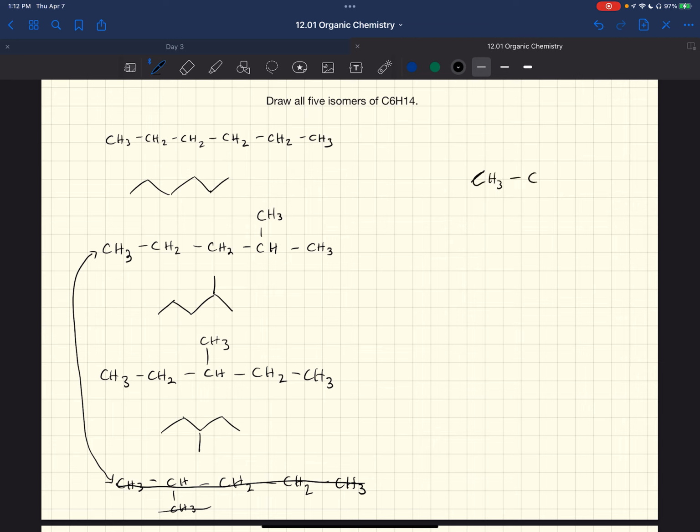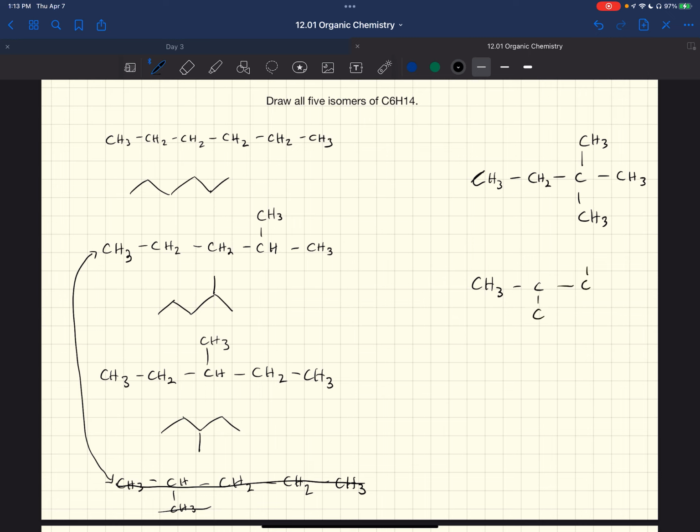So the next thing that I can do is go to a 4-carbon chain. And we know it can't go on the ends because that would create something else. Now I've got 2 carbons to play with. I could either do the 2 carbons separately, so I could put a carbon here and off the same carbon a carbon there. So we do this one.